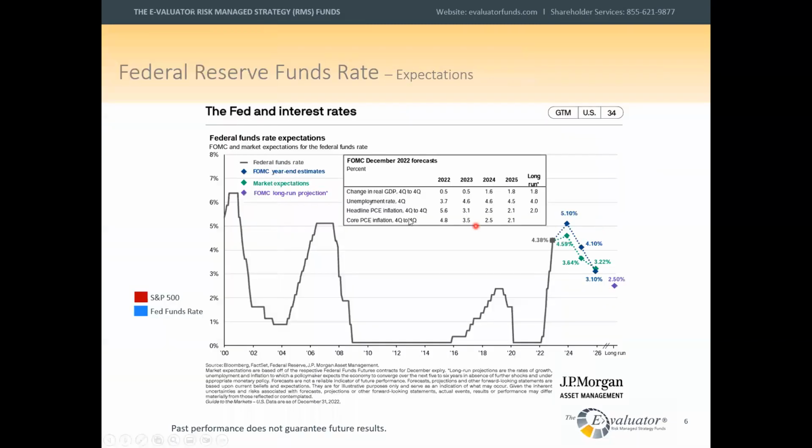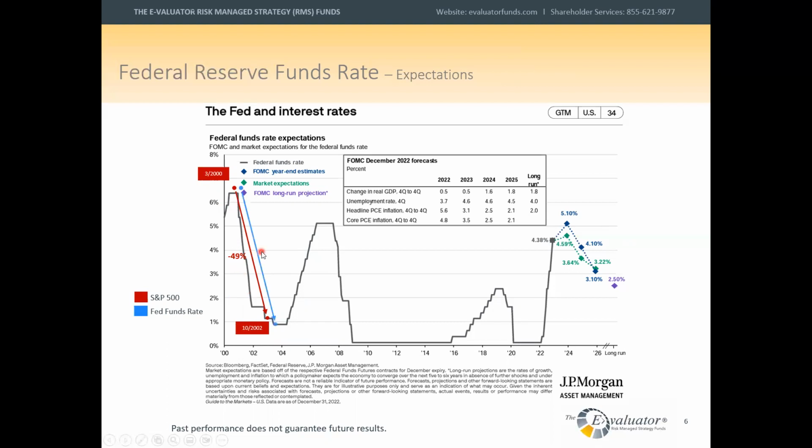This is a historical perspective of that Federal Reserve funds rate. You can see that in 2001, it was over 6%. But then from March of 2000 down to October 2002, the S&P 500 lost 49% of its value.